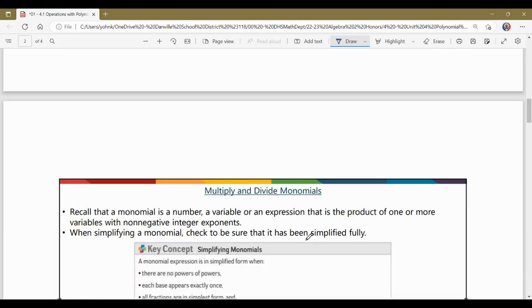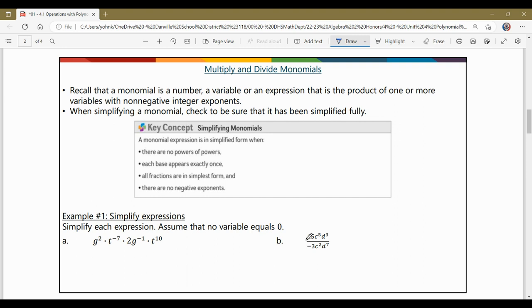All right, so when we simplify monomials, we have to know if we are done. Remember that a monomial can be a number like 7, a variable like q, and an expression that is the product of one or more variables with non-negative integer exponents, like negative 4x to the third.